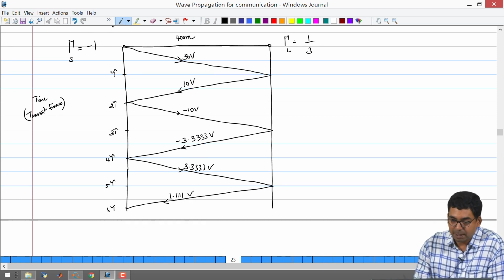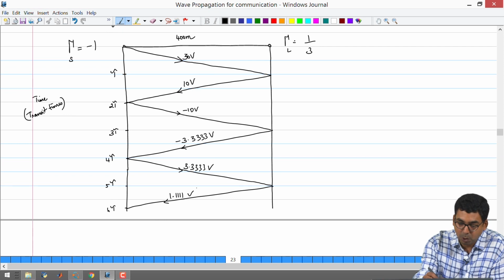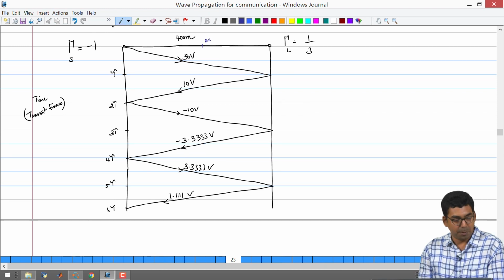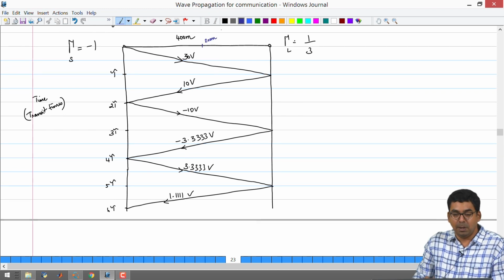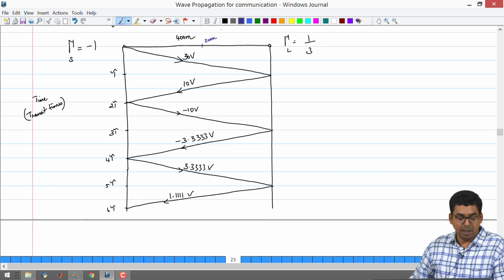You can also ask a question actually. You can say that at a position 200 meters from the source, which happens to be the midpoint of this transmission line, okay, at a position 200 meters, a question can be asked. Let's say that after 2 transit times, what's the value of the voltage?